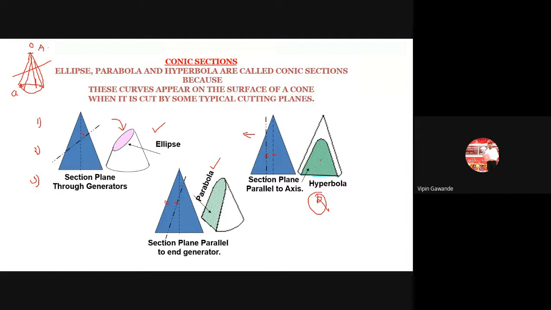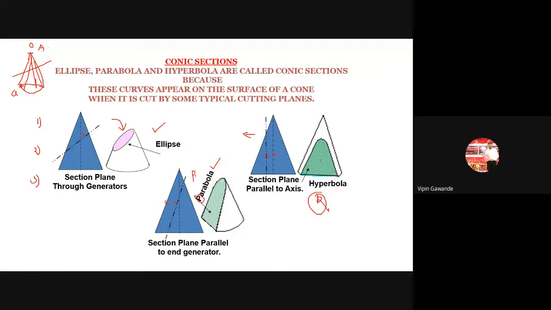So that you have to remember. Just remember these three conditions. What are the three conditions? Cutting plane inclined to the axis, cutting all the generators: ellipse. Cutting plane inclined to the axis, parallel to one of the generators: parabola.